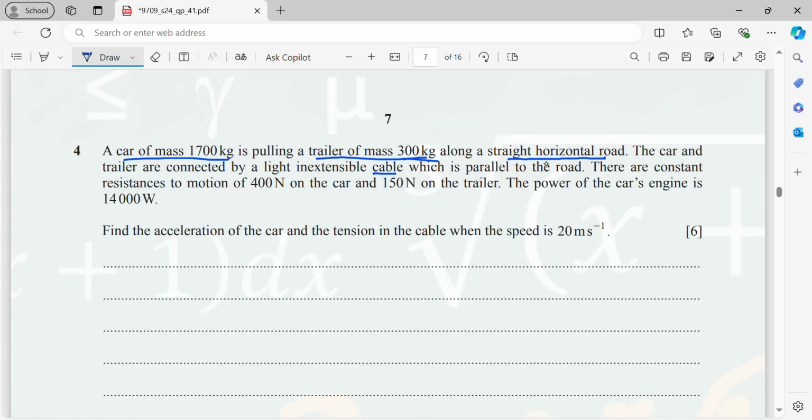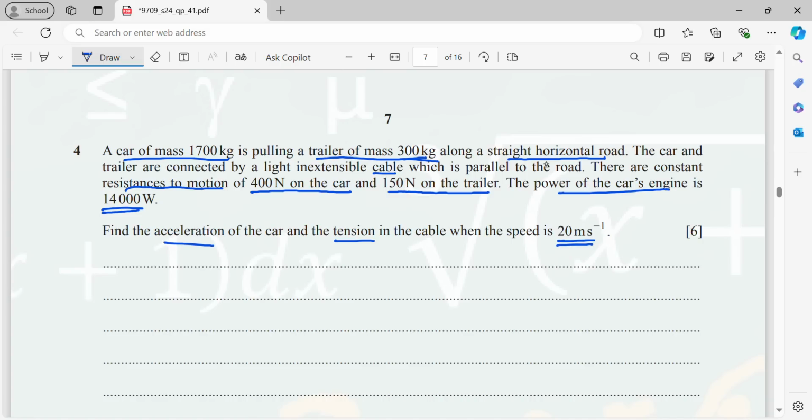There are constant resistances to motion of 400 newtons on the car and 150 newtons on the trailer. So these two are the resistance forces. Now the power of the car's engine is 14,000 watt. Find the acceleration of the car and the tension in the cable when the speed is 20 meters per second.